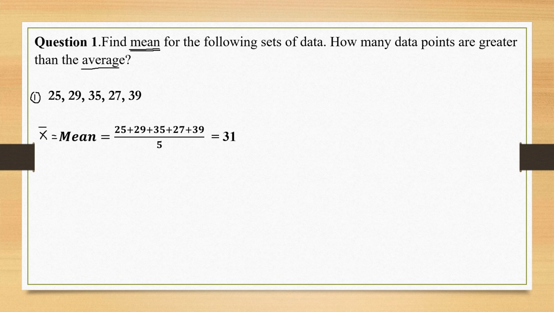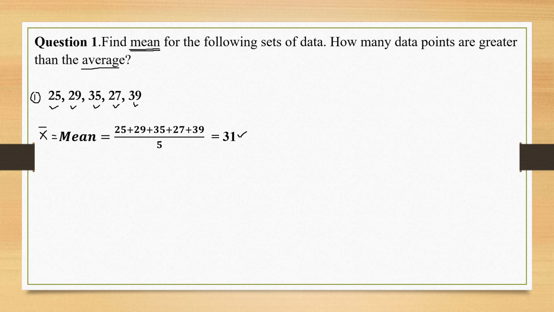We will add all the numbers and then divide by how many numbers we have: 1 2 3 4 5. So we have 5 numbers. First of all we will add all the numbers and then divide by 5, so the answer will become 31.